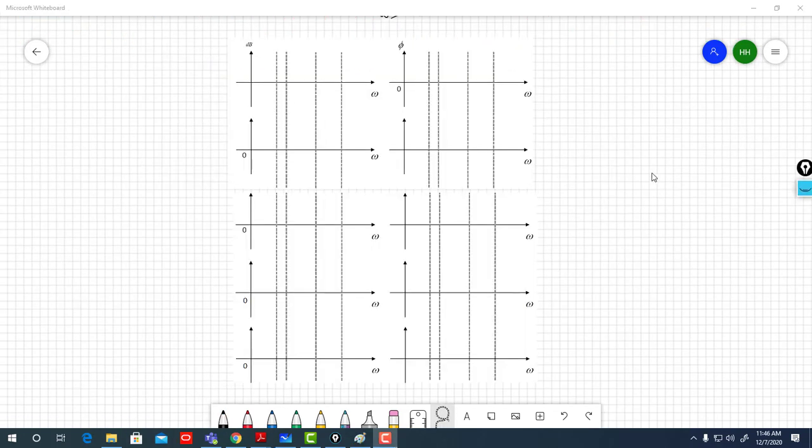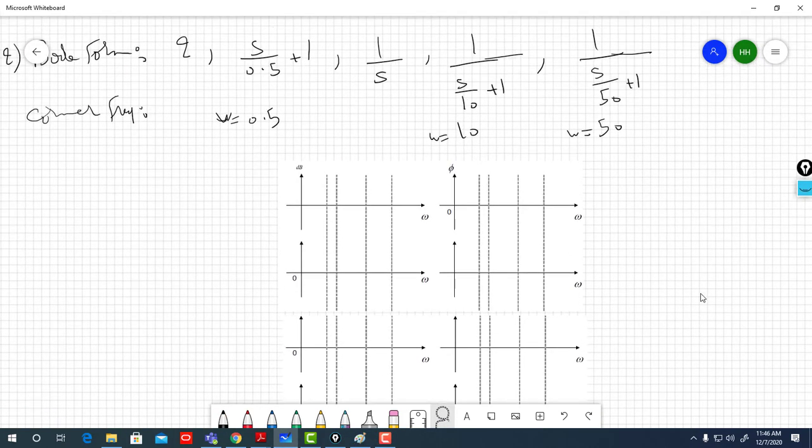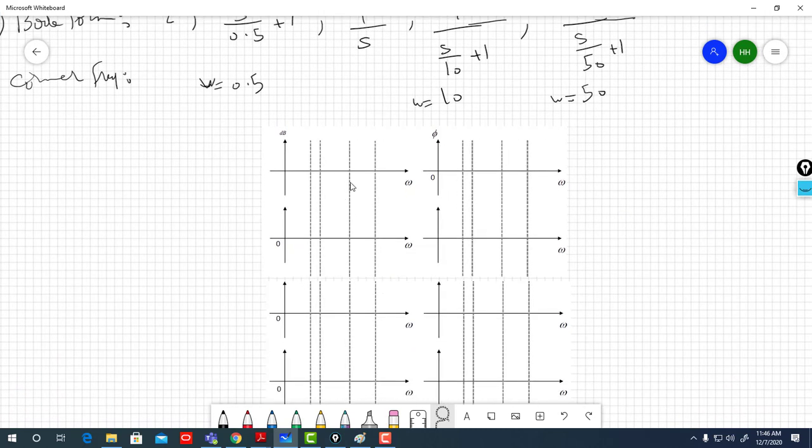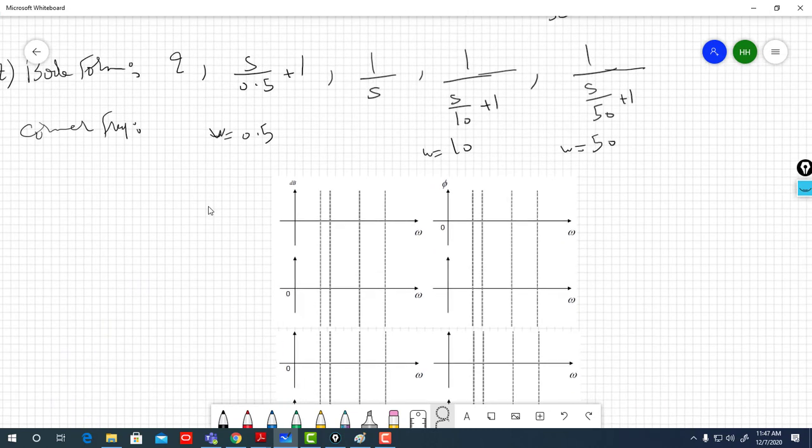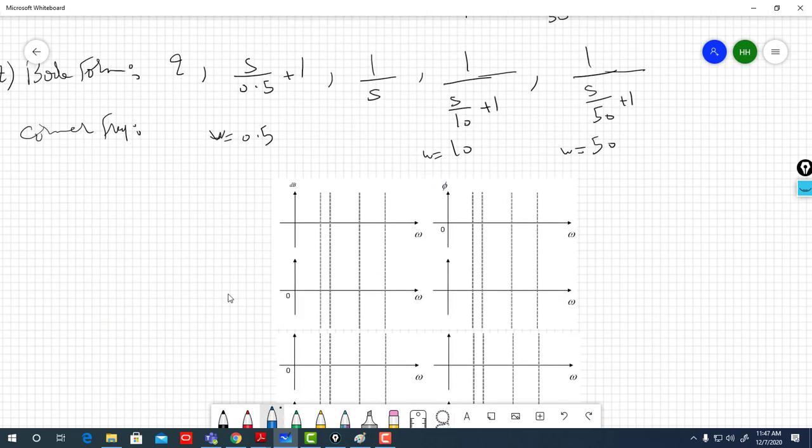So let's draw the 5 Bode diagrams for these 5 systems separately, then later on add them.